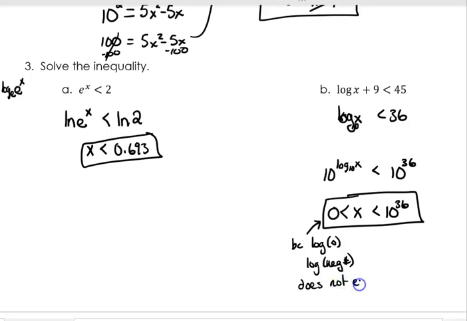So what you need to watch out for is when you have an inequality, specifically with a log or a natural log. If it's an inequality of an exponential, you don't have to watch out for that because exponentials will work with any real number. You only have to watch with an inequality and a log or a natural log.